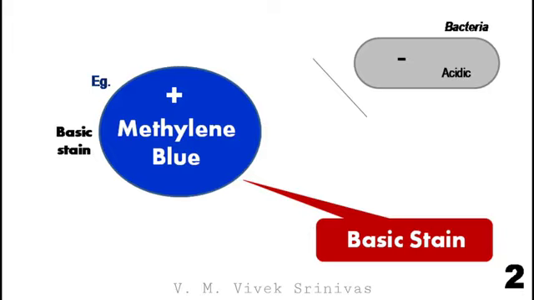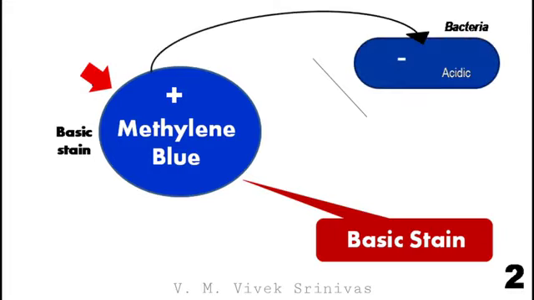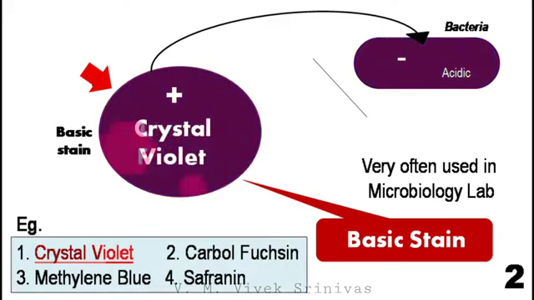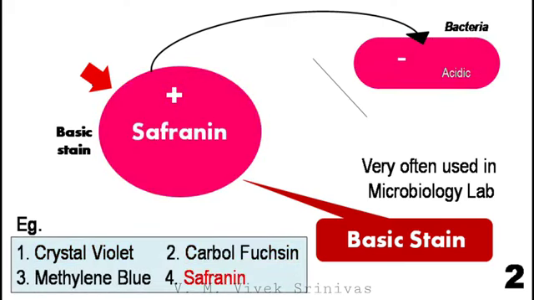That is, they are negatively charged. So, they have a high affinity for the basic stain, the positively charged stains like methylene blue. So, these basic stains are often used in the microbiology laboratory. Other examples of basic stains are crystal violet, carbol fuchsin, and safranin.